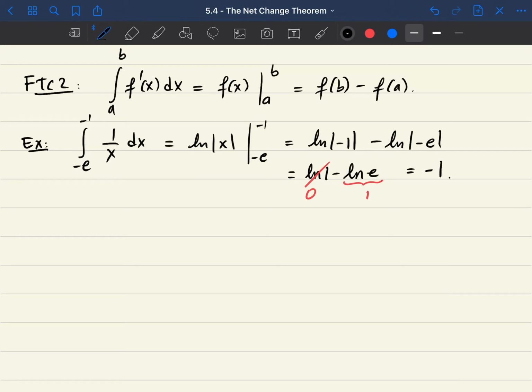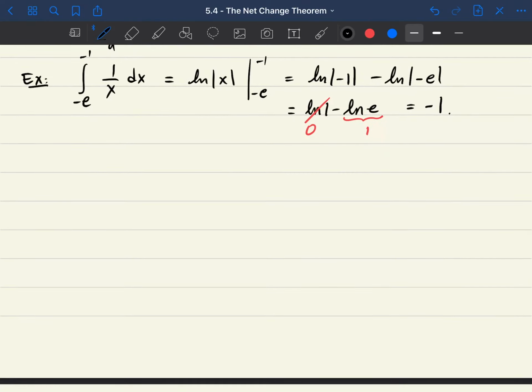Okay, so this means that we'll have to know at least the basic list of antiderivatives and indefinite integrals, which is listed on page 489 in our textbook.